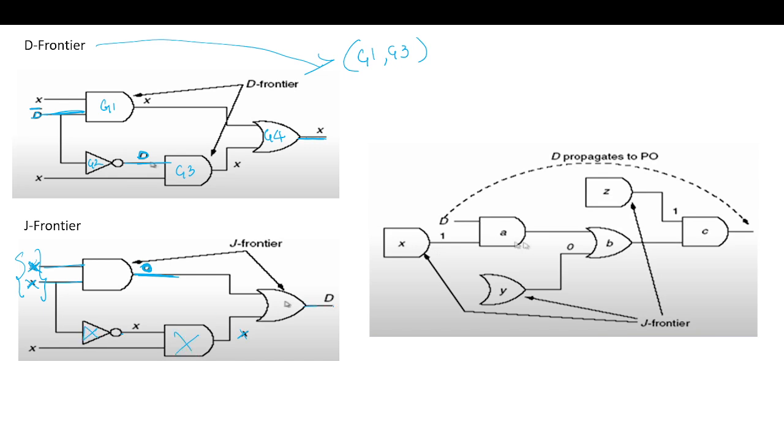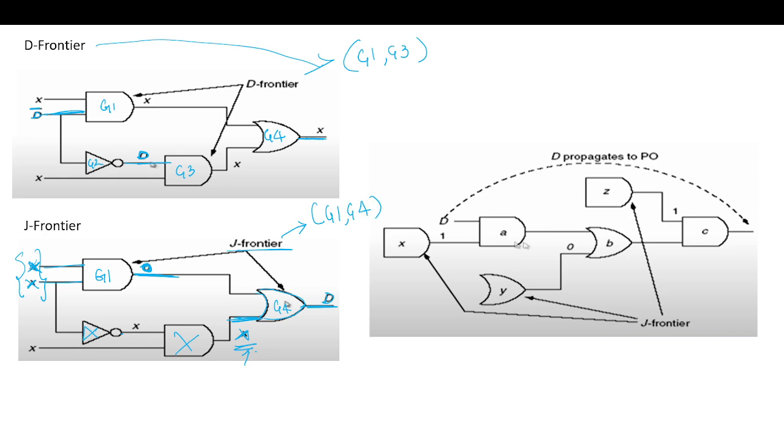This is also not in J frontier. This is defined, it is B, and we have an input which is don't care, so controlling this is possible. Applying a value here, I can generate the test pattern. So this will be in the J frontier. So now in the J frontier, we will have G1 and G4.